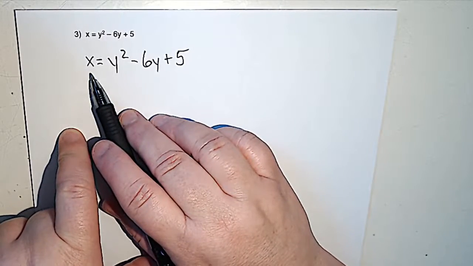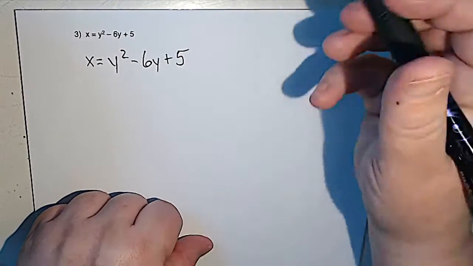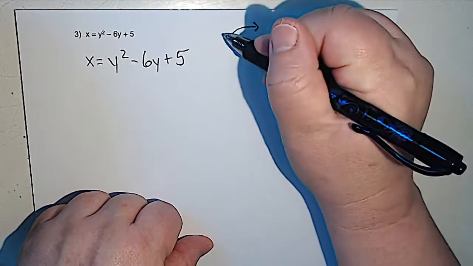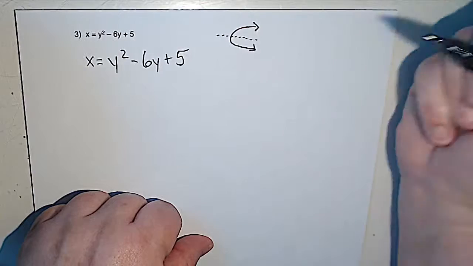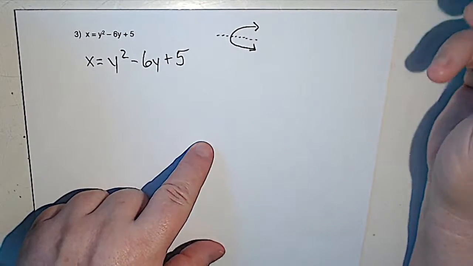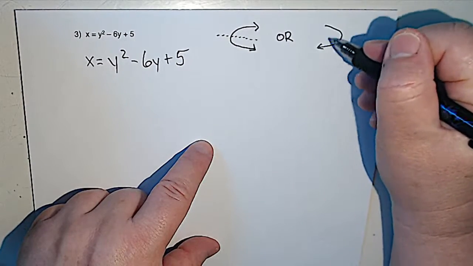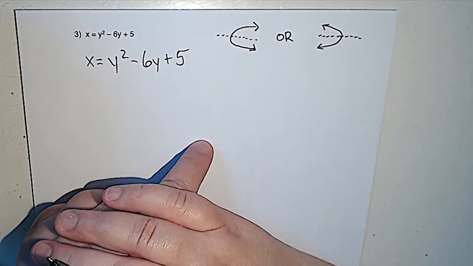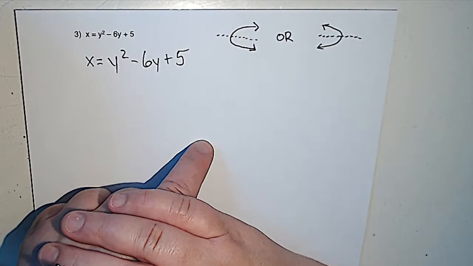But here the x is on the left and the y is the one getting squared, which tells me that we've either got a parabola that opens up to the right, with the axis of symmetry going through the middle in a perfectly flat horizontal line, or a parabola that opens to the left, again with the horizontal axis of symmetry. So these types of parabolas are tipped on their side.